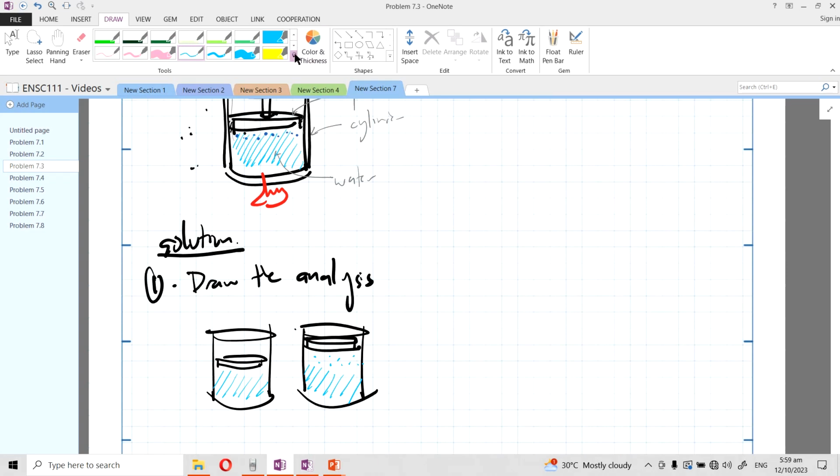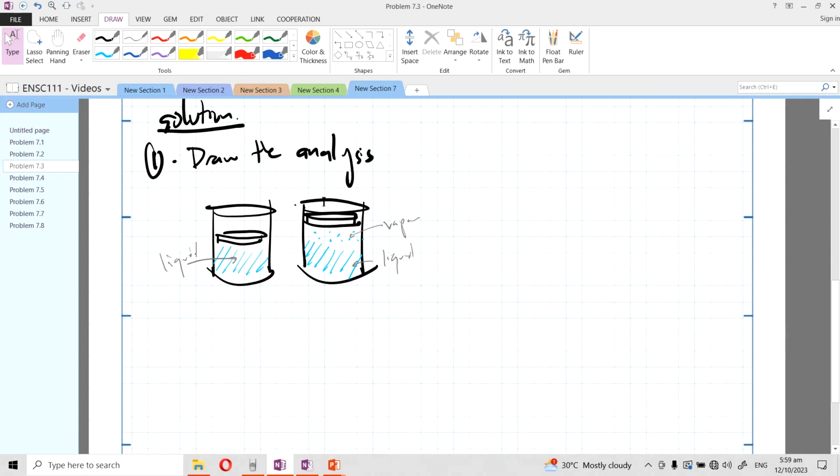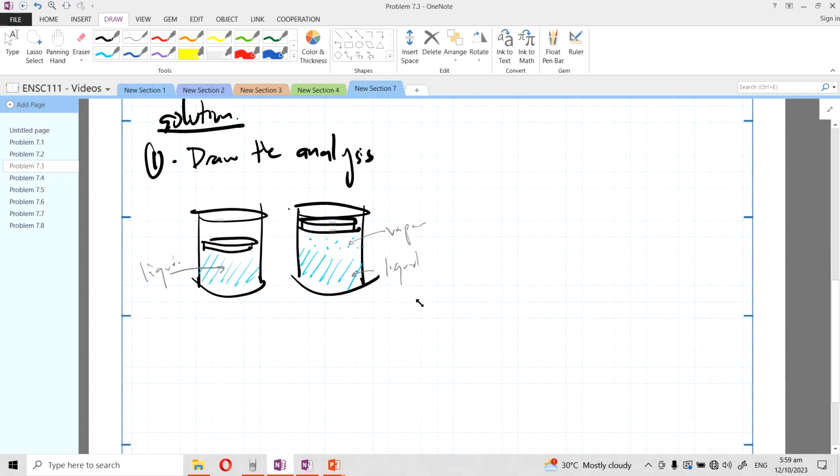So let's write here. This is water. Let's say liquid water, and this is vapor, and this one is just liquid. Right. So for this state, okay, now let's specify the boundaries.